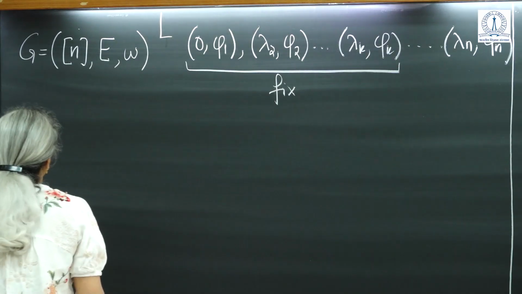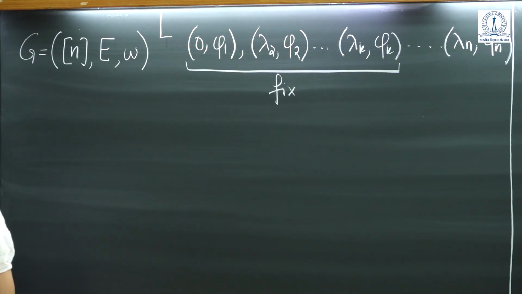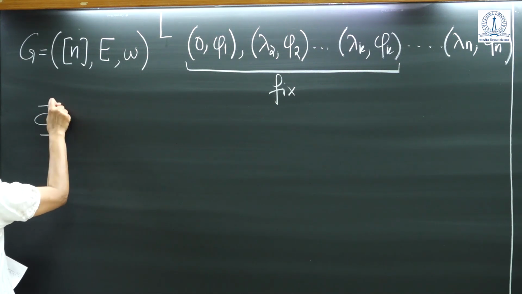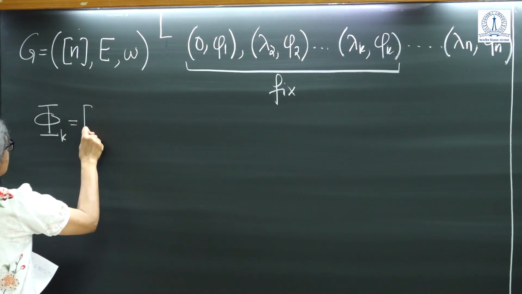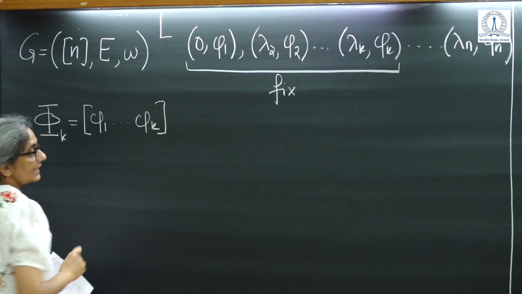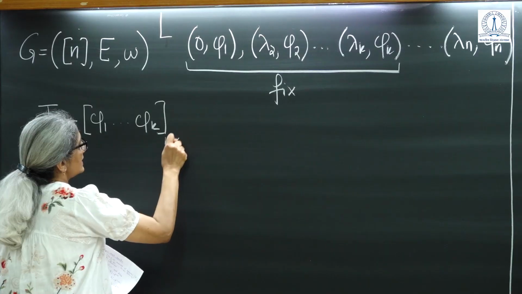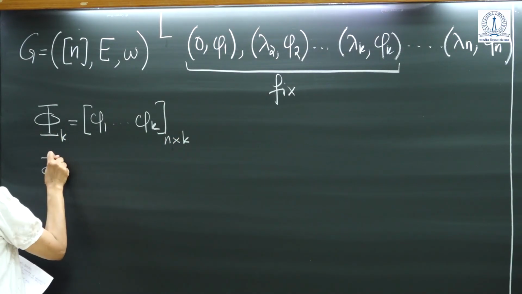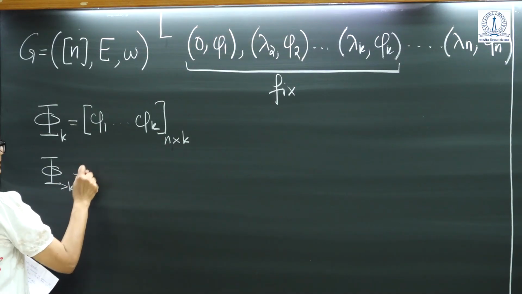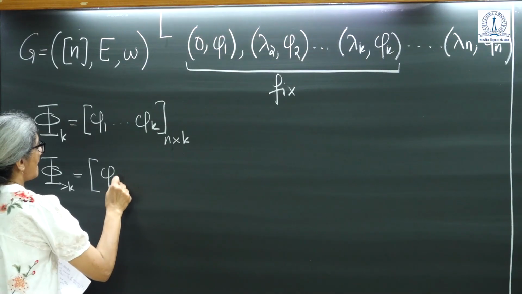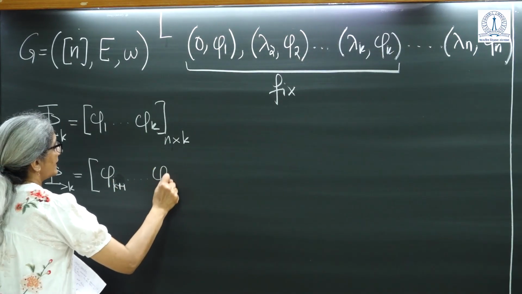Okay, so let's make a few definitions. We're going to let capital phi k be a matrix that contains the first k eigenvectors as columns. So this is an n by k matrix. And then we're going to let phi bigger than k be the rest. So this is phi k plus 1 up to phi n.